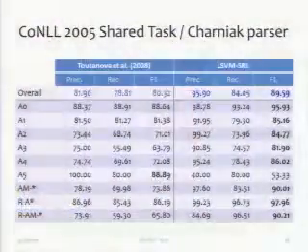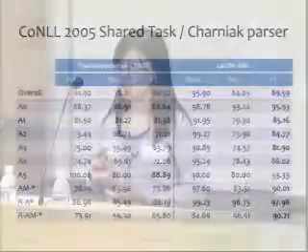This is the result we evaluated on the CoNLL 2005 shared task. We compare our system with the state-of-the-art SRL system from Toutanova et al., 2008. I didn't list the full table because of space limitations; you can find that in the paper. As you can see, the first row is the overall score comparison.